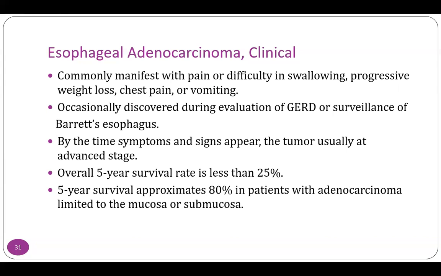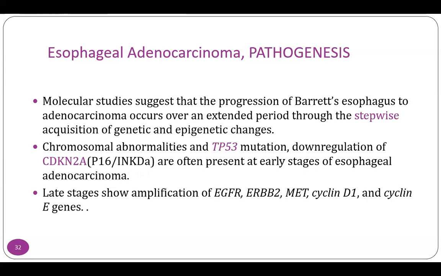The day we pick up esophageal cancer, usually it will be an advanced stage. The lymph nodes are involved, the lesion has spread, it goes by direct extension, it can go to lymph nodes, it can go to any other area. So usually bad prognosis for esophageal adenocarcinoma. The same is true for squamous cell carcinoma.